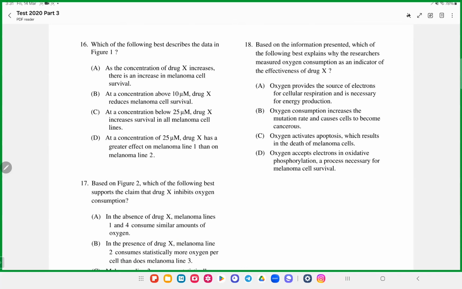Consumption indicates the well-being of the cell.